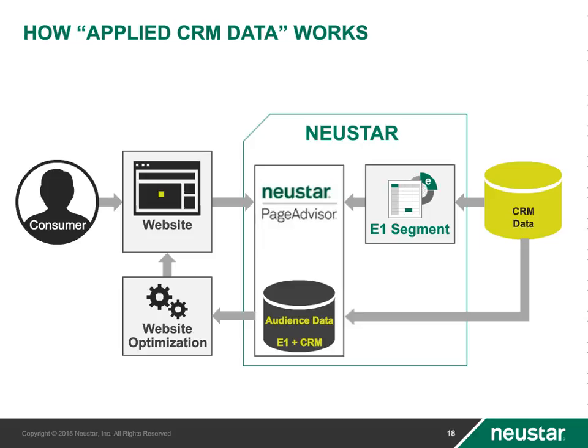And so for our anonymous customers that come to a site, we can apply that CRM data by making the same call from the website. So consumer hits the home page, the website makes the call to NEUSTAR. NEUSTAR confirms we have identity on that website visitor.